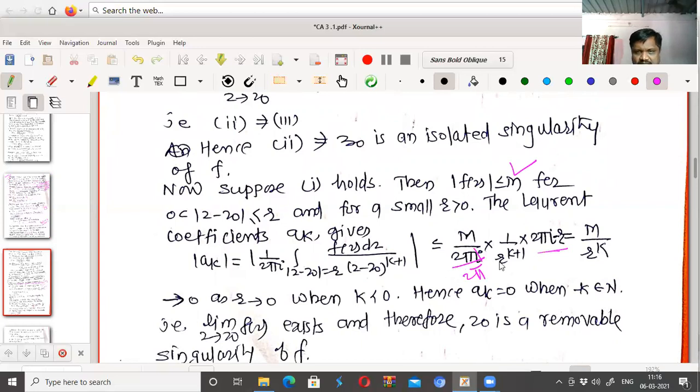And what is the integral over mod z minus z0 equal to r with respect to z? It is the perimeter, and the perimeter is 2 pi r.